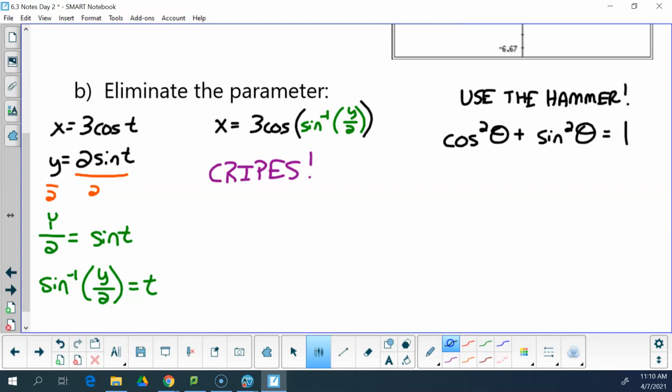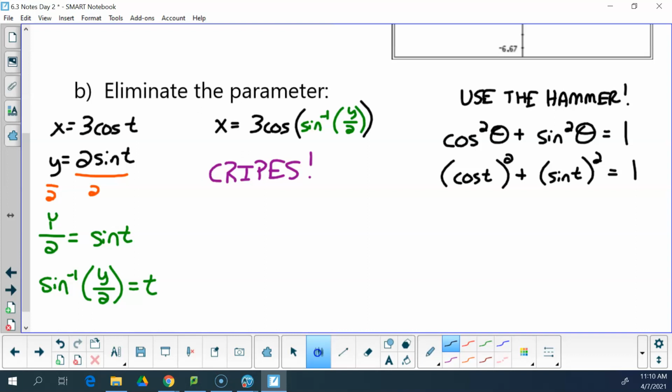Well, that can also be written, let me switch this to t's right away, as the cosine of t quantity squared plus the sine of t quantity squared is equal to 1.